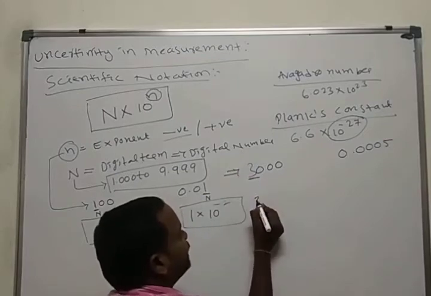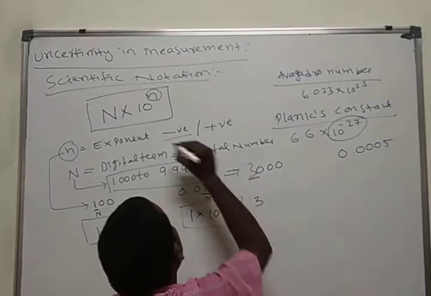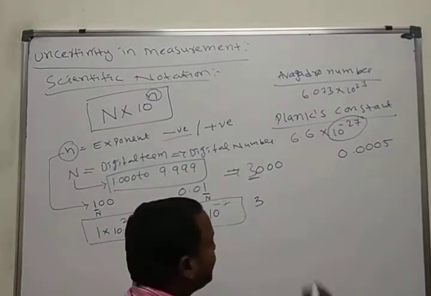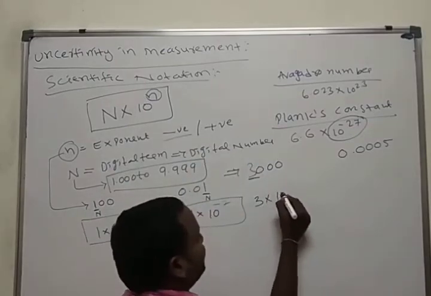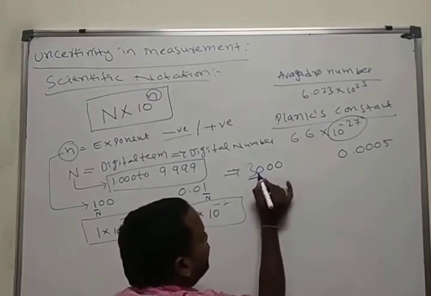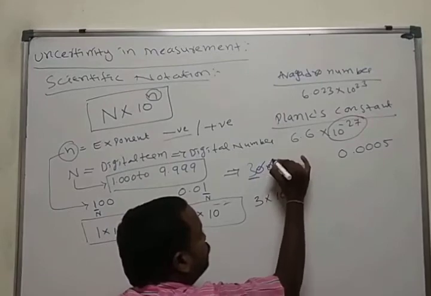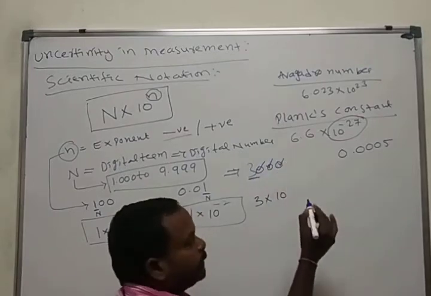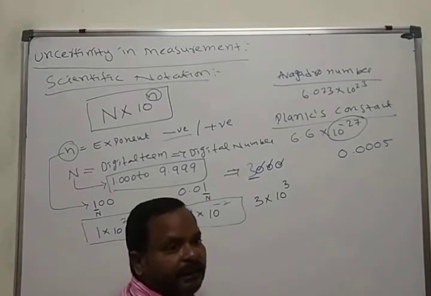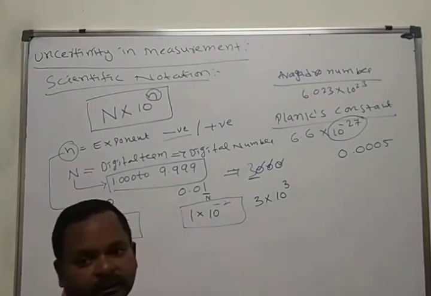Here the digital number is 3, and the base is 10. Next, how many zeros are there? 1, 2, 3. Right? 3 into 10 to the power of 3 is the scientific notation form of 3000.